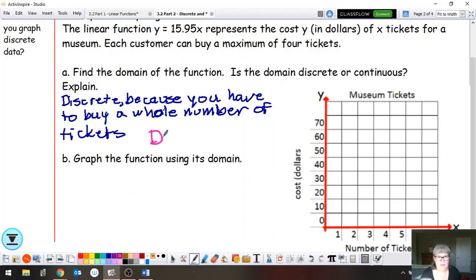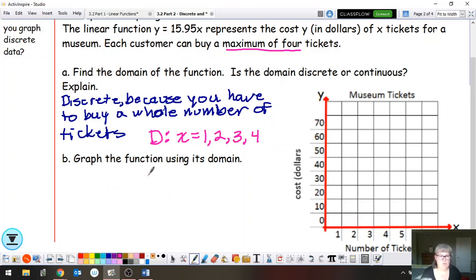So that domain is going to be x values. Let's see, a maximum of 4 tickets. That's important to remember. So we could buy 1 ticket, we could buy 2 tickets, we could buy 3 tickets, we could buy 4 tickets. Graph the function using its domain.